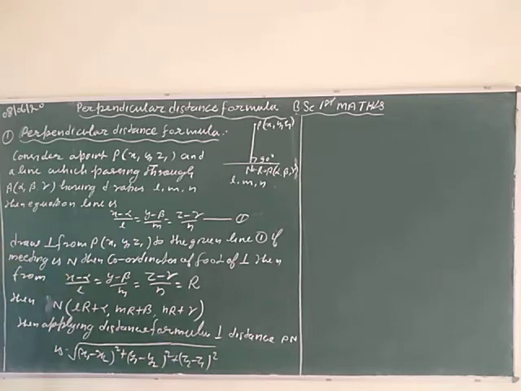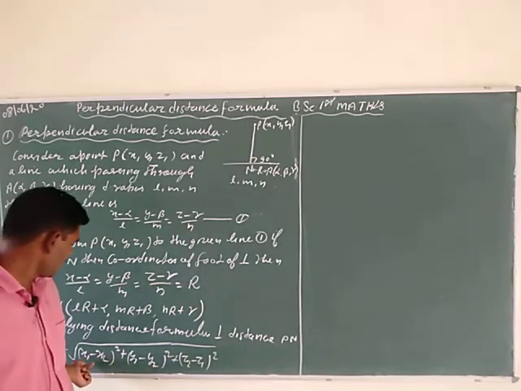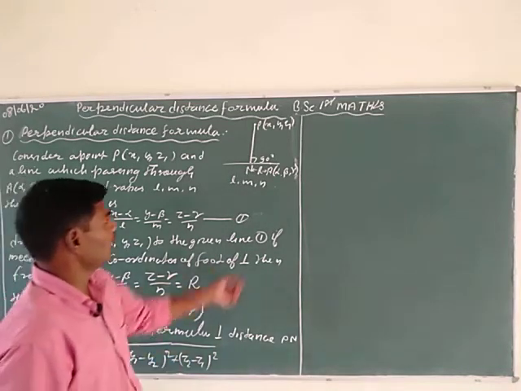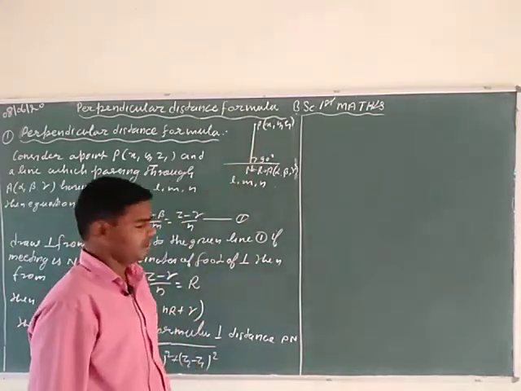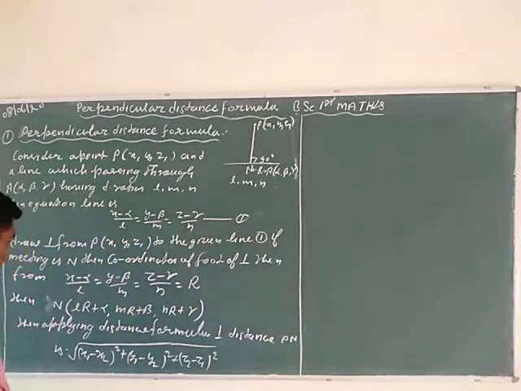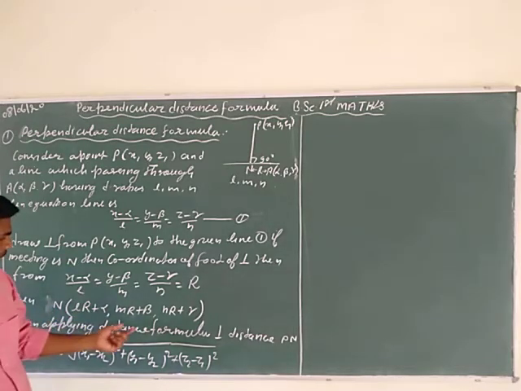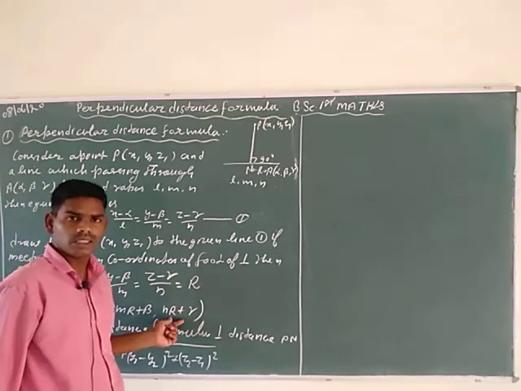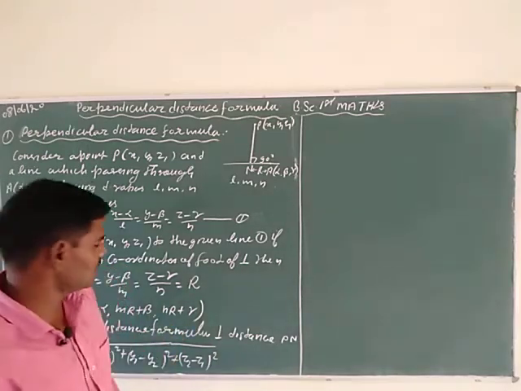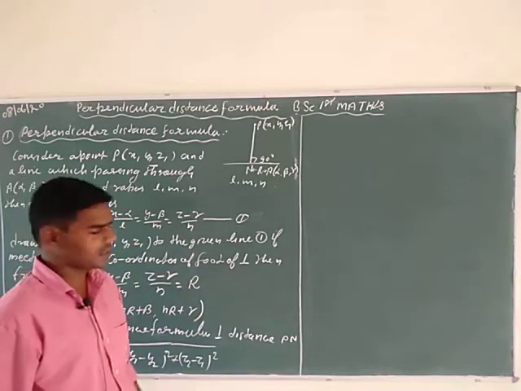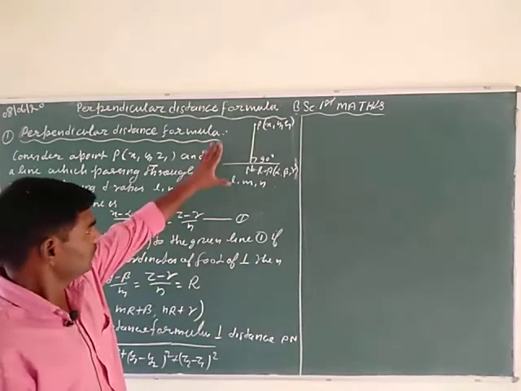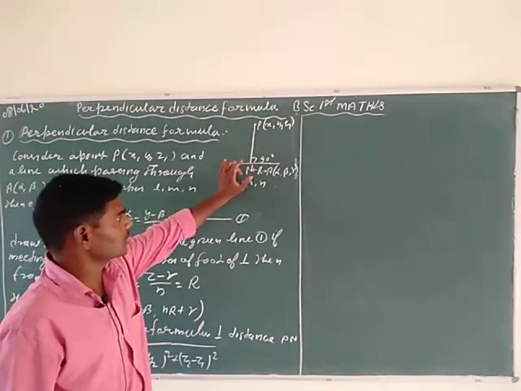Here in this formula, x1, y1, z1 are the coordinates of the given point capital P, and x2, y2, z2 are the coordinates of the foot of perpendicular, meaning the coordinates of capital N. Putting these values in this formula, you can calculate the perpendicular distance PN.